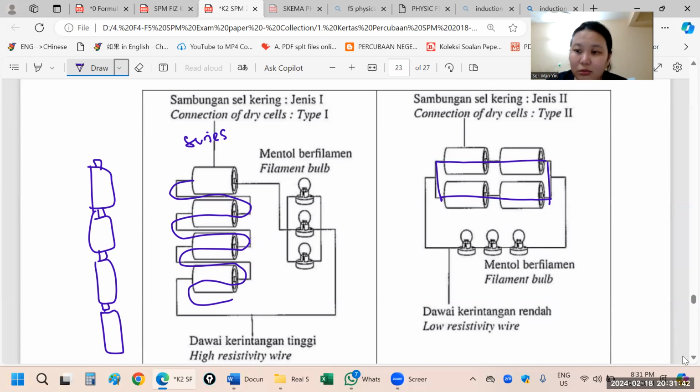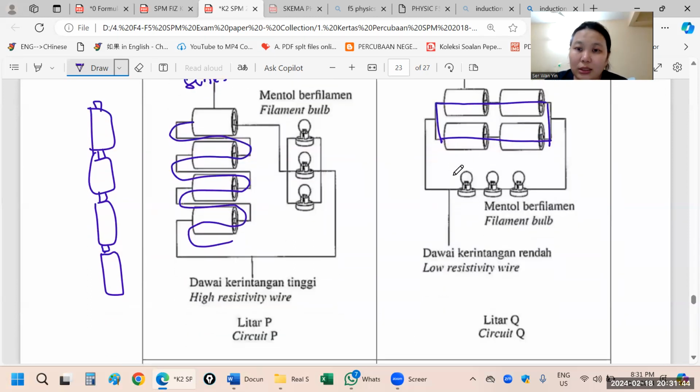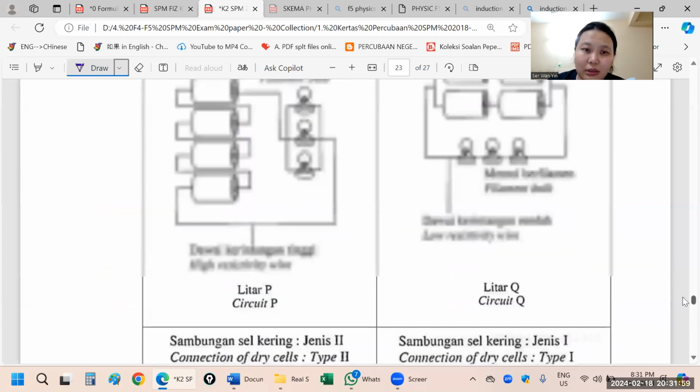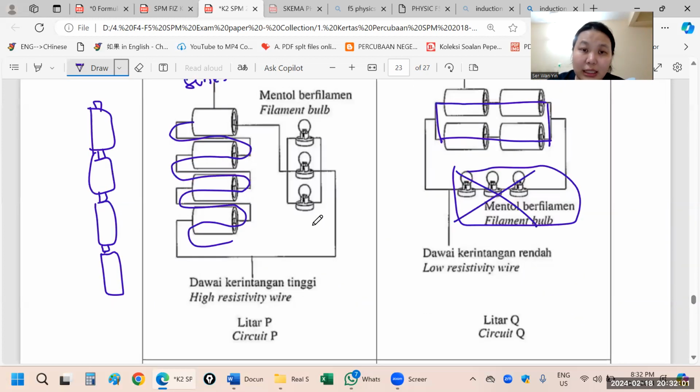Okay, so if series, sure cannot be bright. So cannot. So then we see these two only, but always in parallel. Why parallel?